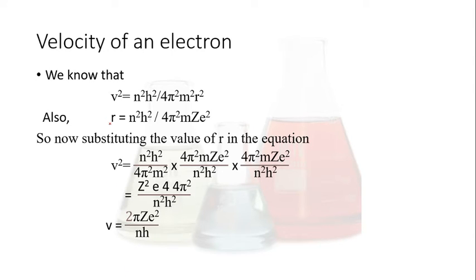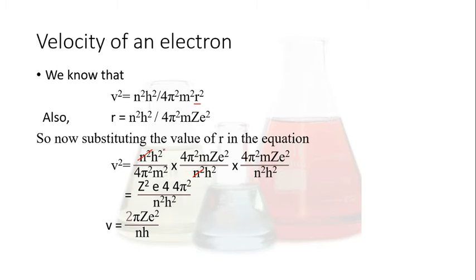We also know that r = n²h²/(4π²mZe²). Now putting the value of r in the v² equation, here there is r², and as r is in the denominator, it gets inverted. Now we will see what gets cancelled. This n² gets cancelled with this n².